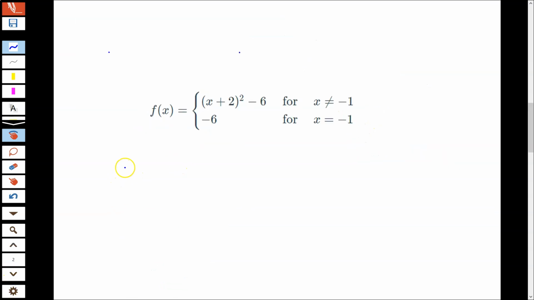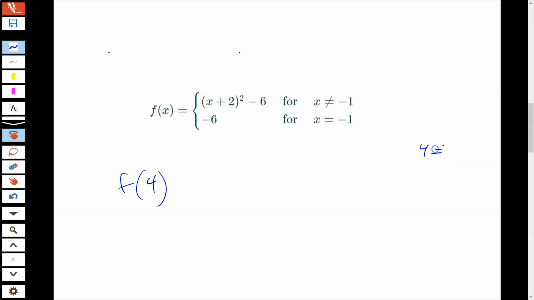So here's an example from Delta Math, and we'll do a couple values from this. Let's say I ask you for f of 4. I have to decide whether f of 4 falls into this top piece or the bottom piece. Here the criteria are x not equal to -1 or x equal to -1.